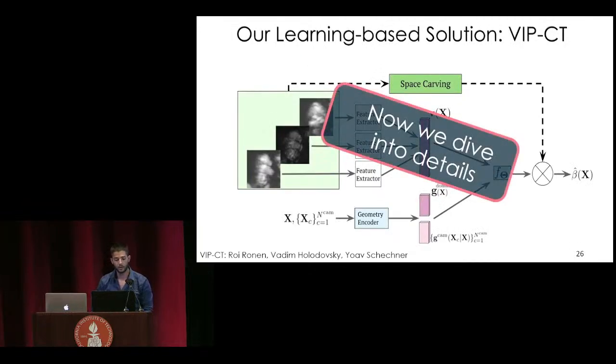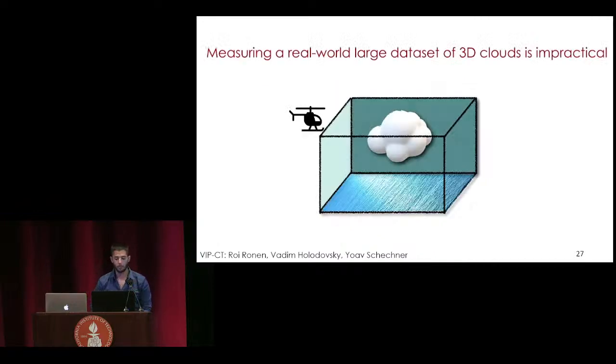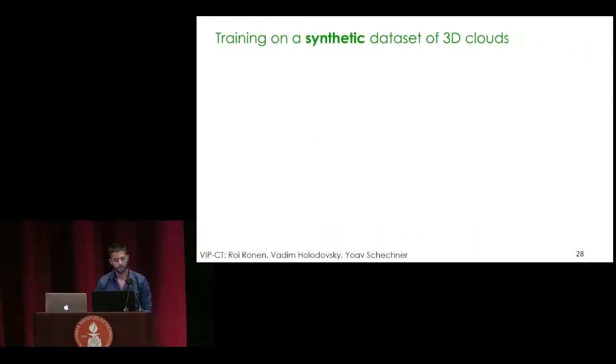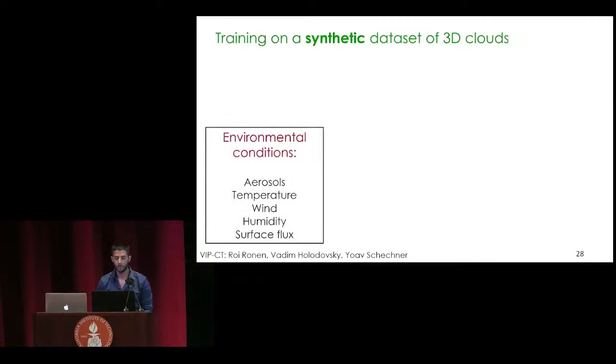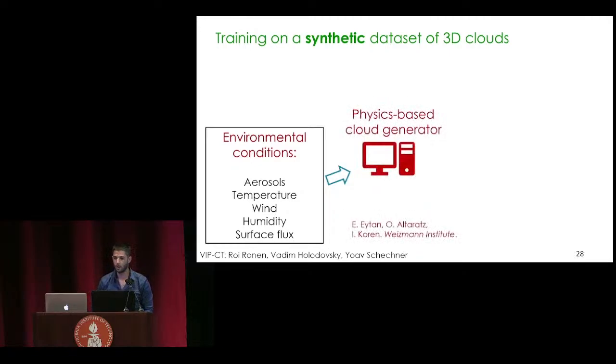Next, we describe VIPCT. Learning-based methods require a labeled dataset. However, measuring a large dataset of real clouds volumetrically in 3D is impractical. Therefore, we train using synthetic 3D clouds. They are simulated using coupled equations of a turbulent atmosphere.